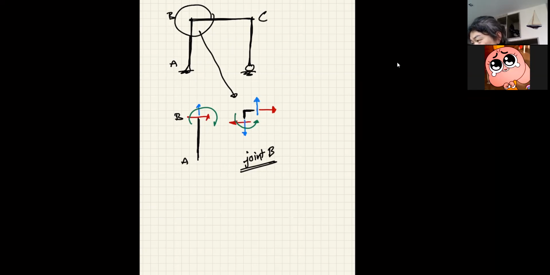And the joint itself must maintain equilibrium in rotation, so it has to have a moment, I'm sorry, in this direction. Now if you look at joint B itself, it is perfectly under equilibrium. So now you have the internal forces on the right side that will be transferred to member BC.